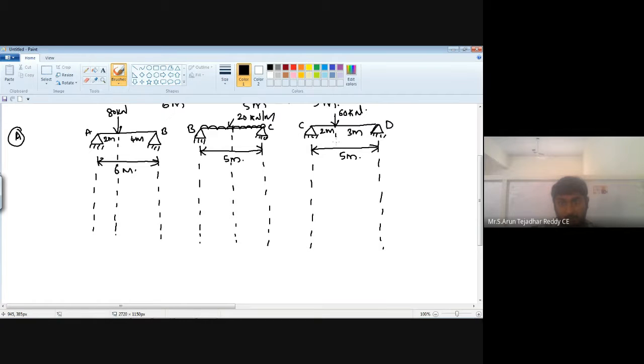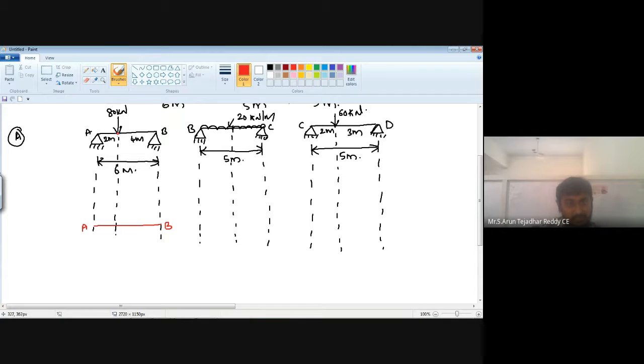Now, for A and B, it is an eccentric point load, so the free bending moment diagram will get maximum bending moment under the load.